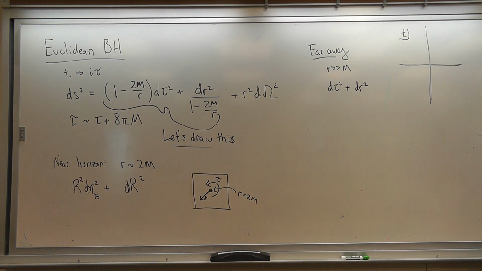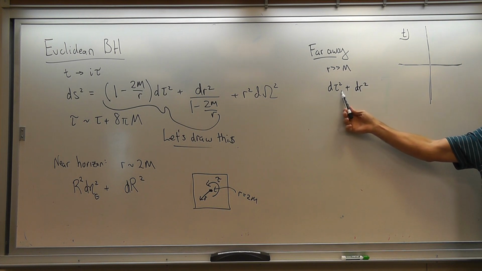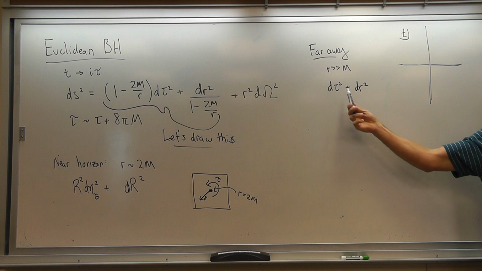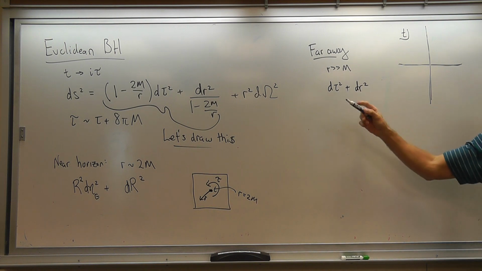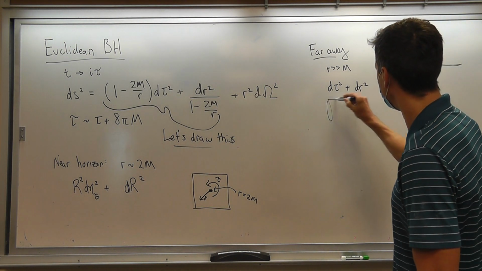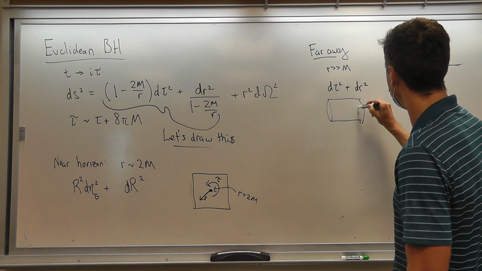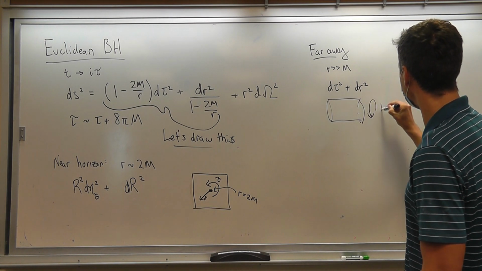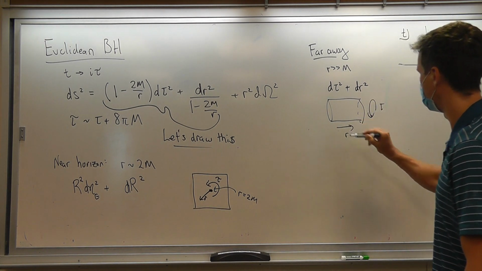So far away, it just looks flat, but tau is identified. So this metric here is a cylinder. It looks like this, where tau goes this way, and r goes that way.